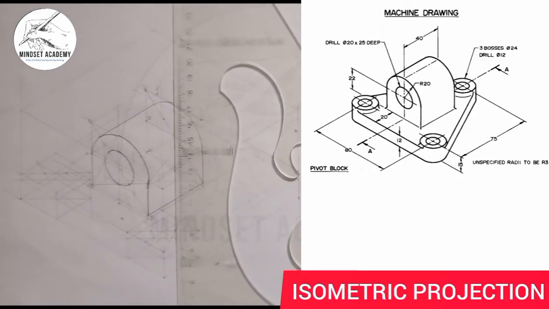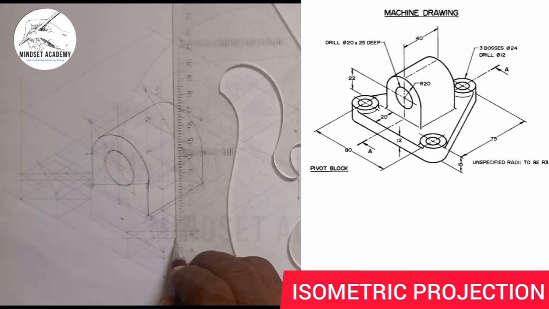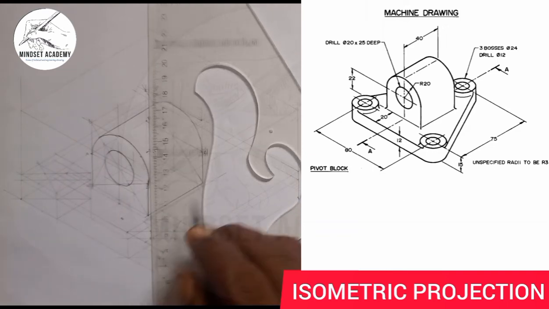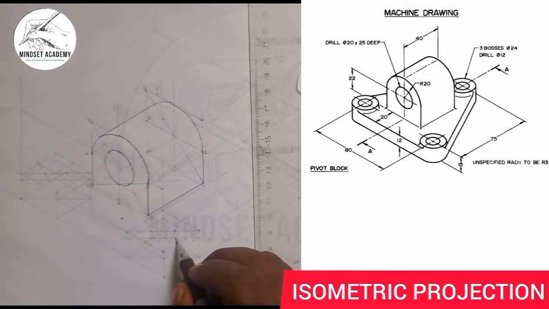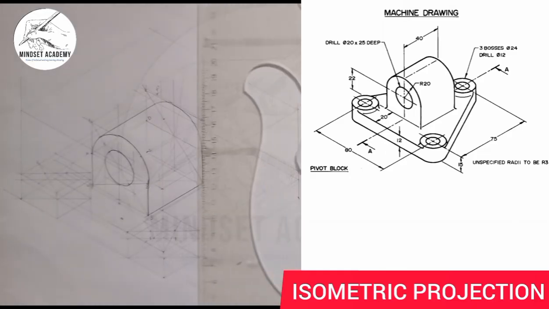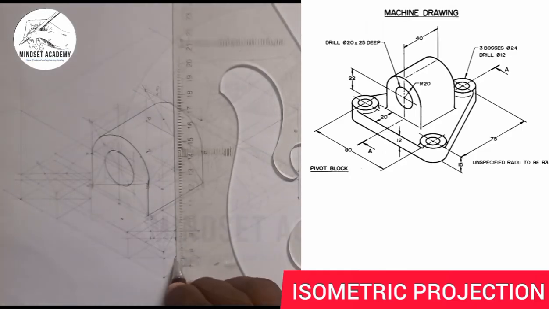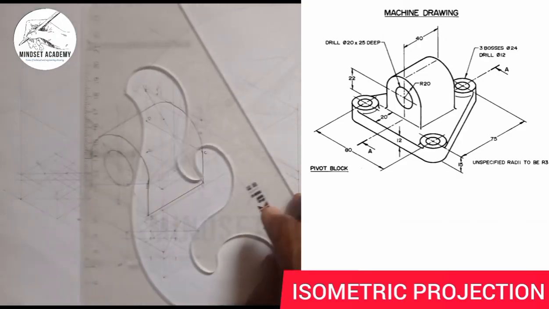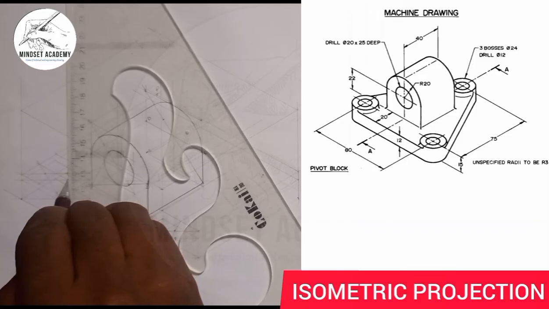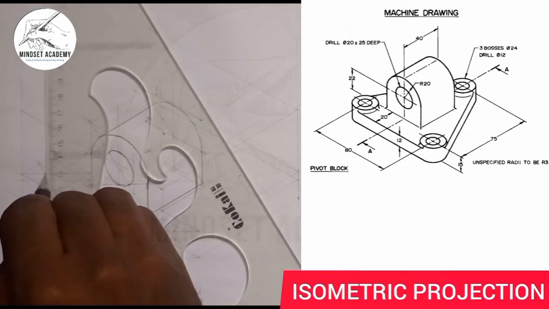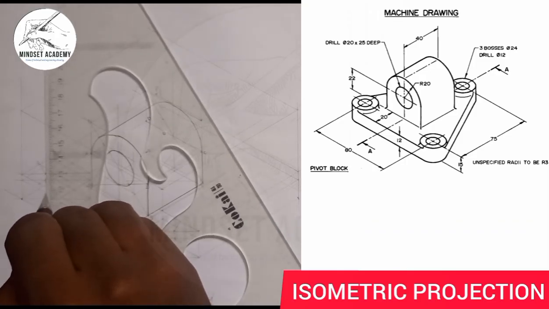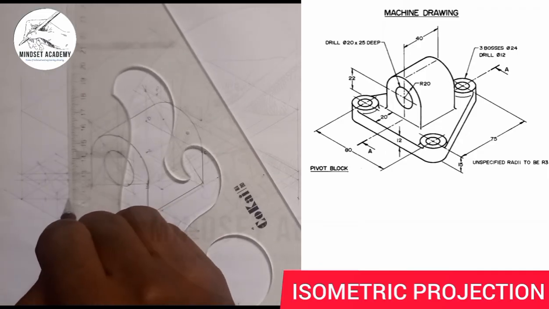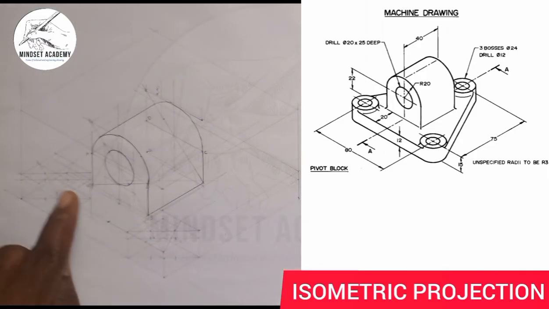So I'll just transfer this point down here. These are the points I'm transferring down up to the down point here. Then here too, I'll do the same thing. So on this diagonal, I have those points.